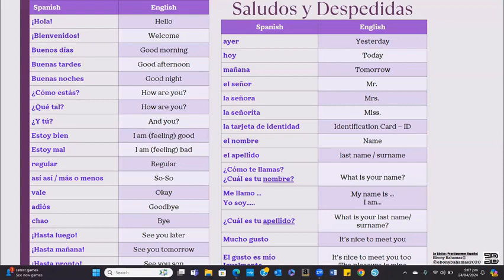So I'm asking you now, take your time, look at the screen, look at the words, and if there's anything that you don't know, write it down, so that you will be able to recognize it later.